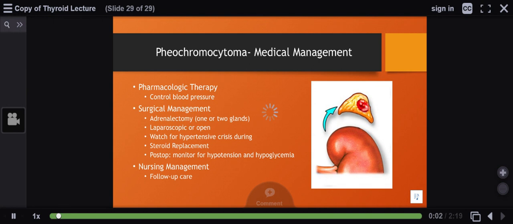The definitive treatment for pheochromocytoma is a removal of that tumor, which usually results in adrenalectomy. Before surgery, we want to try to control the patient's blood pressure as closely as possible. So they may be started on a calcium channel blocker about 2 weeks prior.